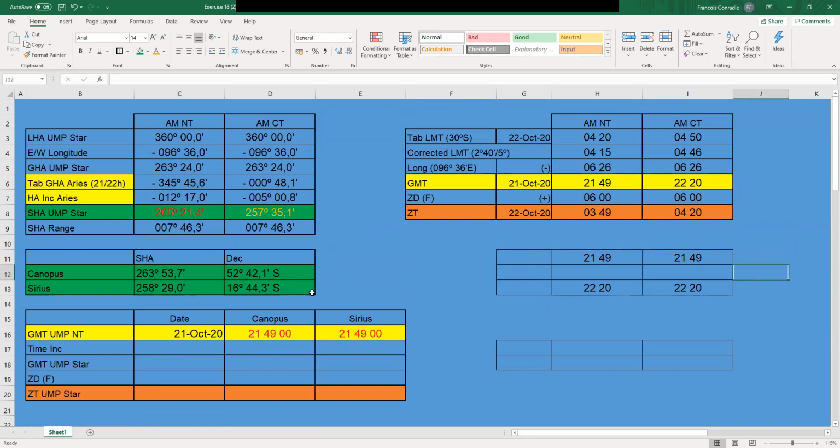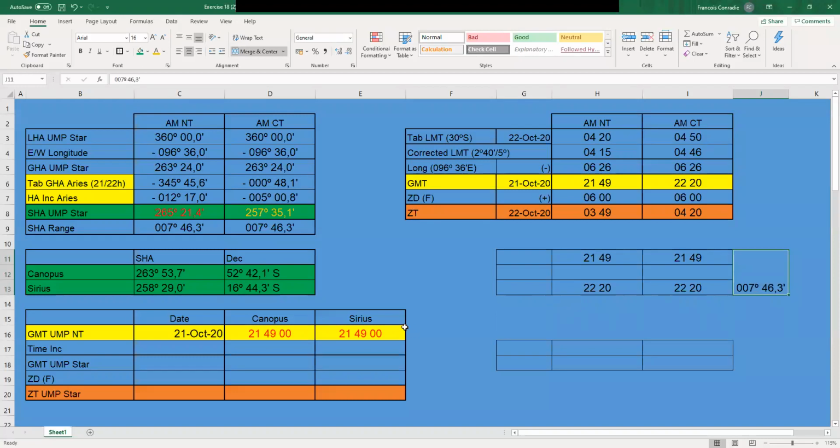Now, that is for a total time of 31 minutes. So in 31 minutes, the SHA changes by 7 degrees 46.3 minutes. Does everyone see that? So in a total of 31 minutes, we are covering the total range.